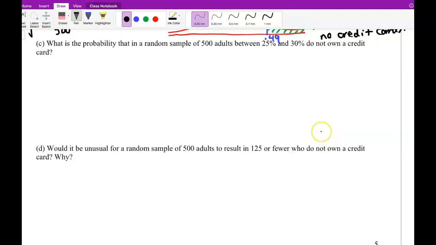Now part C, what is it? In 500, between 25 and 30% do not own a credit card. Now on this part we have between, I don't have right or left. So finding the probability when the sample proportion p hat is between 25% and 30%. Again, convert to z-score.